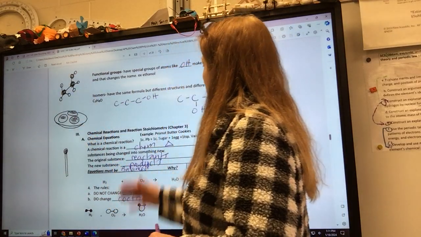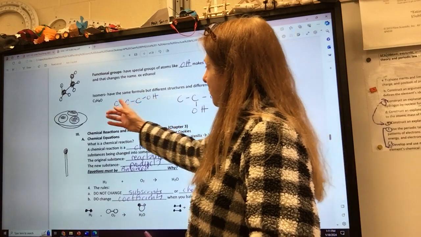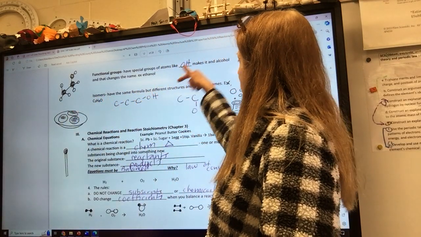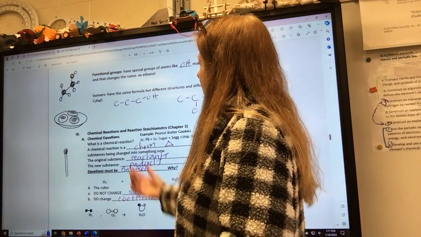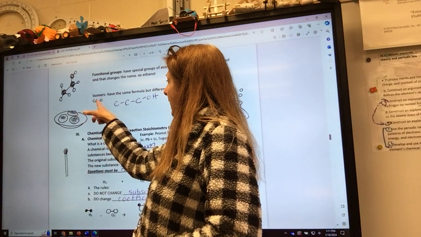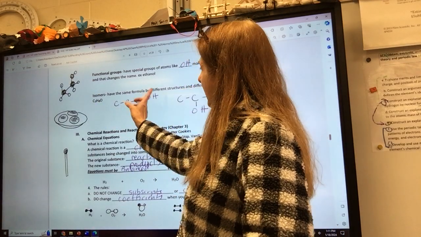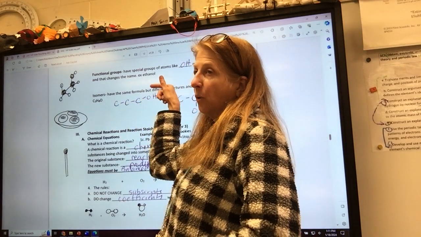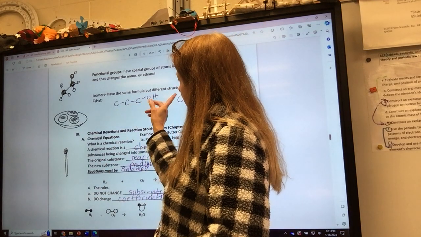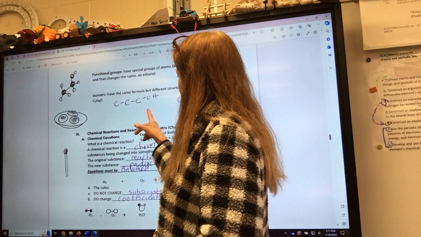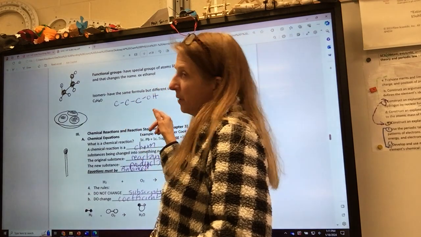Okay, so another thing is isomers. Iso means same. Isomers have the same formula but different structures and different names. For example, C3H8O. This has 3 carbons in a row with an OH on it. So it is pro, and then it would end in anol, propanol.